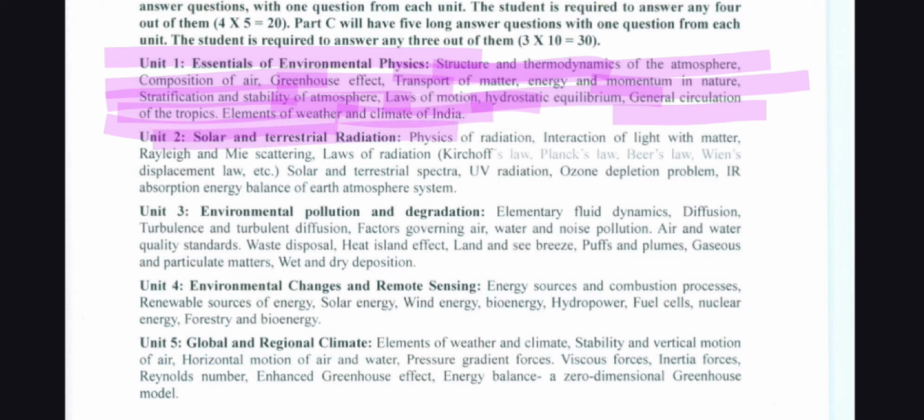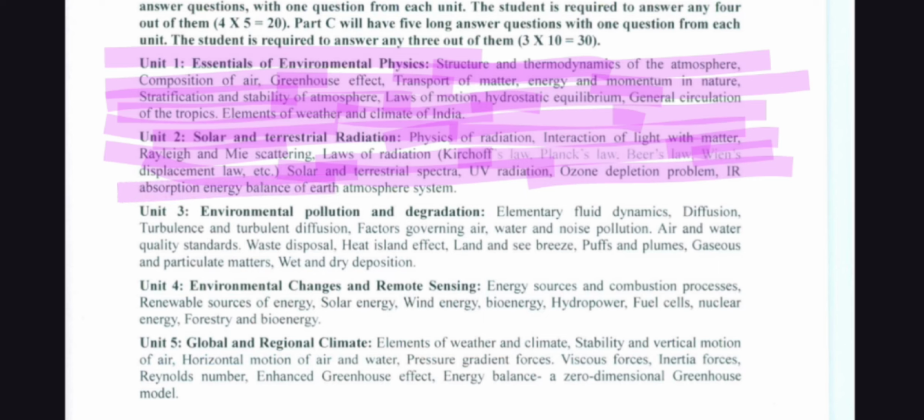Unit 2: solar and terrestrial radiation, physics of radiation, interactions of light with matter, Rayleigh and Mie scattering, laws of radiation, Kirchhoff's law, Planck's law, Beer's law, Wien's displacement law, solar and terrestrial, ultraviolet radiation, ozone depletion problem, IR, infrared regions, observation, energy balance of the Earth atmosphere system.